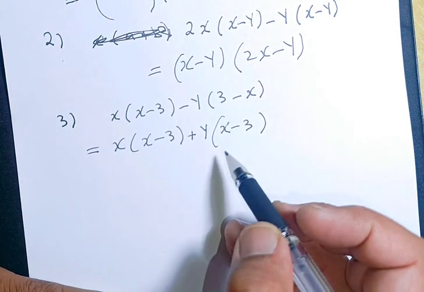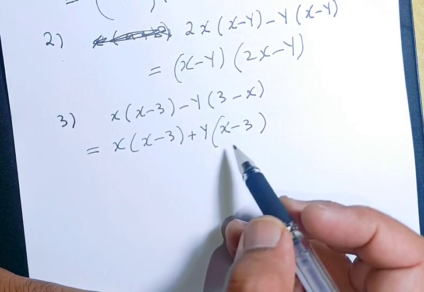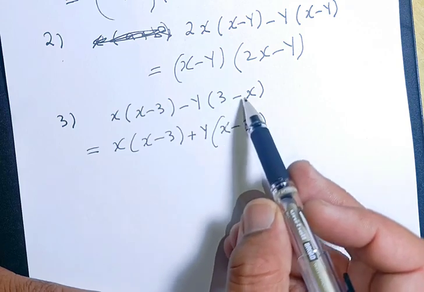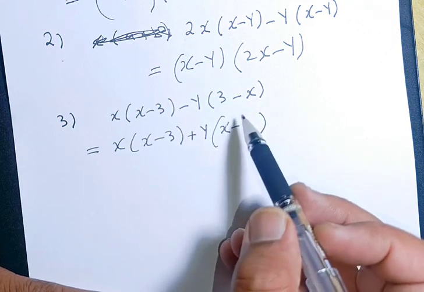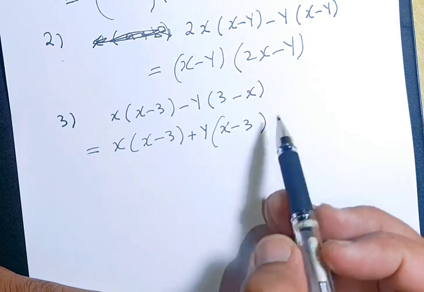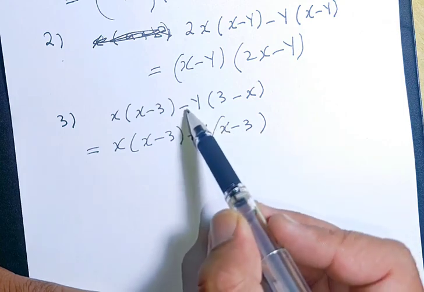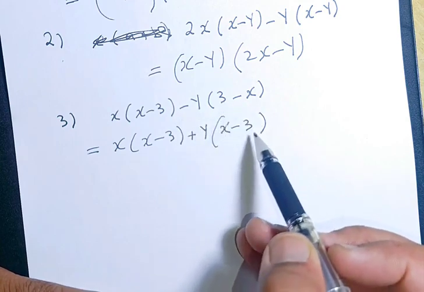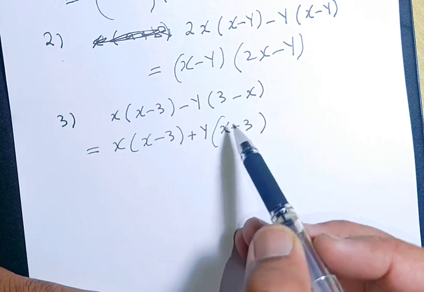This is called the sign change rule. When I modify this expression, the inside sign will change and the outside as well. So the outside negative y becomes positive y, inside positive 3 becomes negative 3, and negative x becomes positive x.